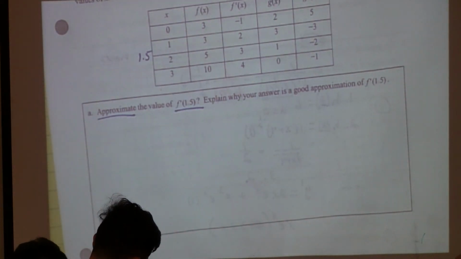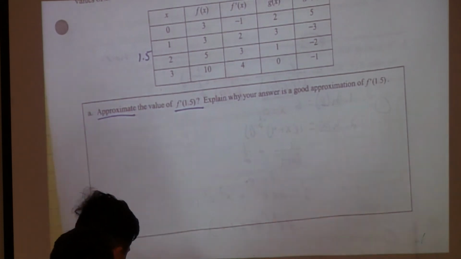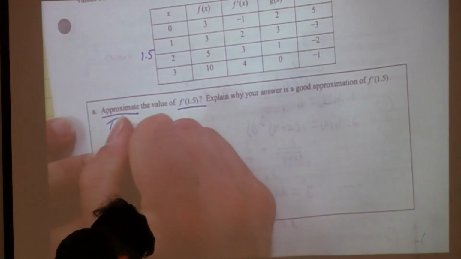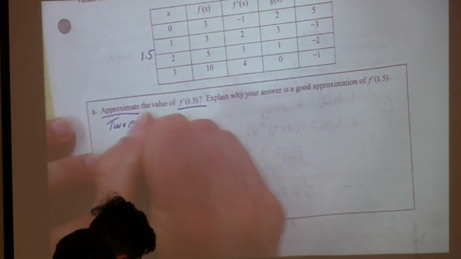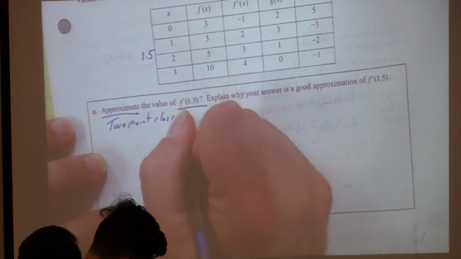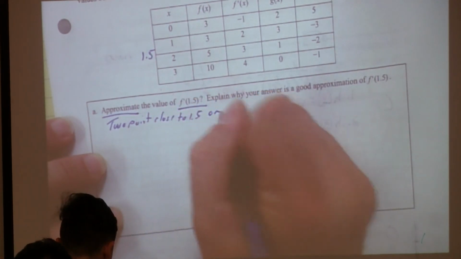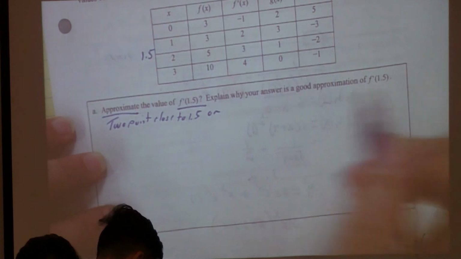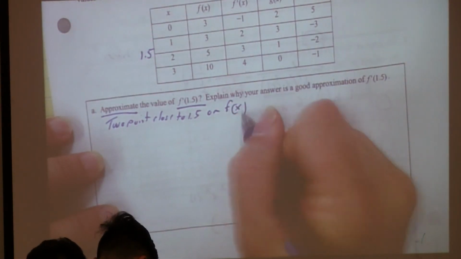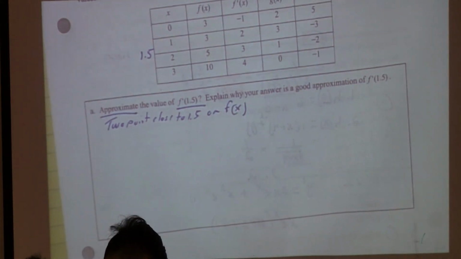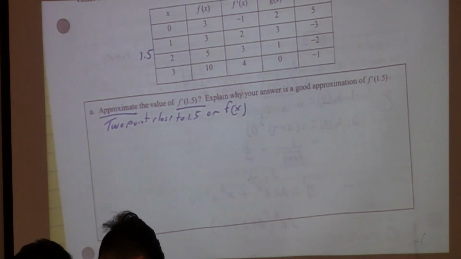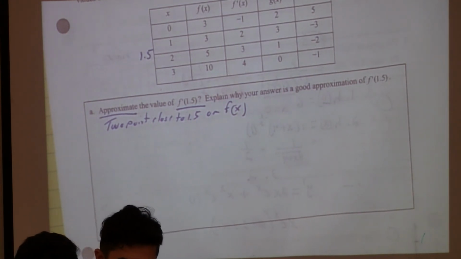So what do I need to do? I need 2 points close to 1.5 on what graph? On f or on f prime? F, right? When I get 2 points on f and I get the slope of it, that's giving me the derivative, right? Does that make sense?